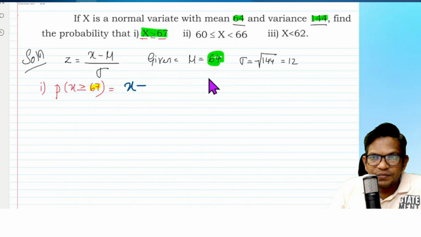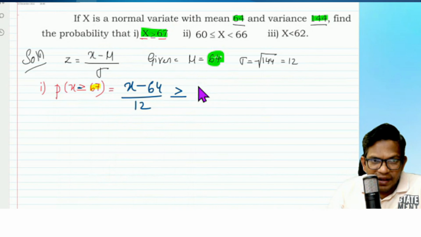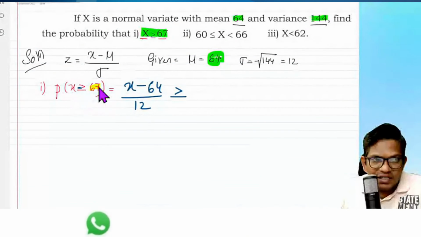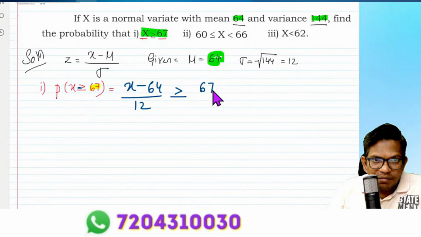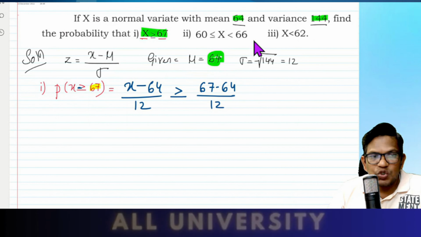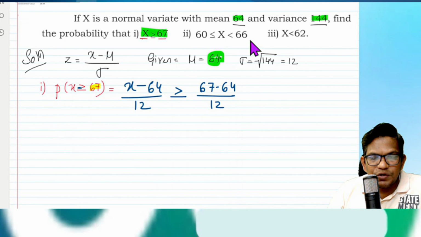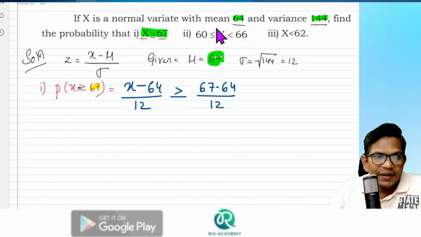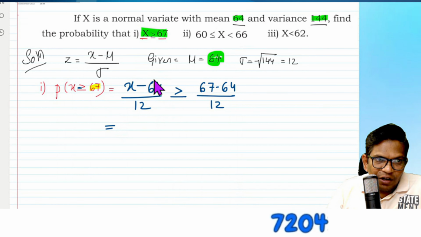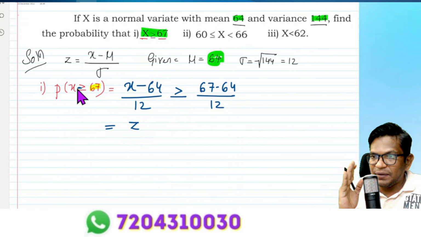Yes, sir. Greater than or equal to, the same sign you have mentioned here, just copy it here. Next, X is 67 minus 64 divided by 12. The ultimate value will be Z only, because we don't know the X; we start from X only.